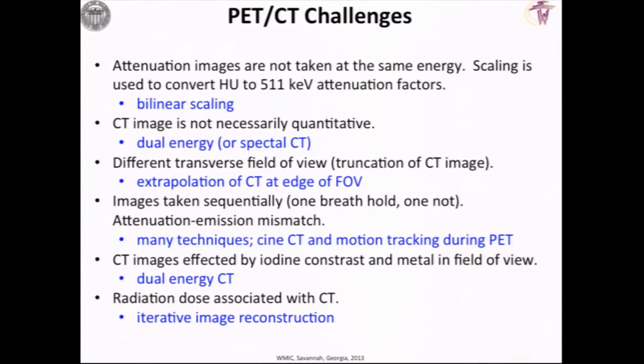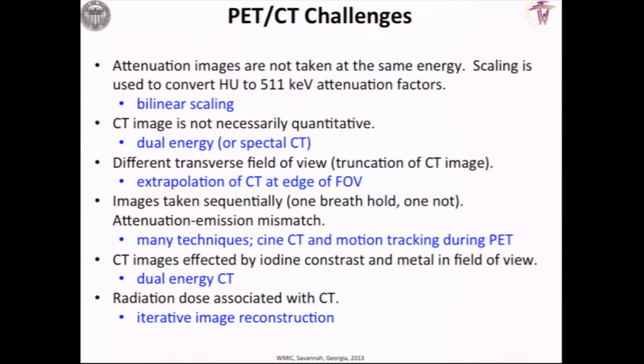And then there's also what we call spectral CT, where you're using multiple energy windows. That would increase the quantitative accuracy of the CT images. For the different transverse field of view, there are simple, straightforward techniques of just doing extrapolation of the CT images at the edge of the field of view, which has been shown to work quite effectively.